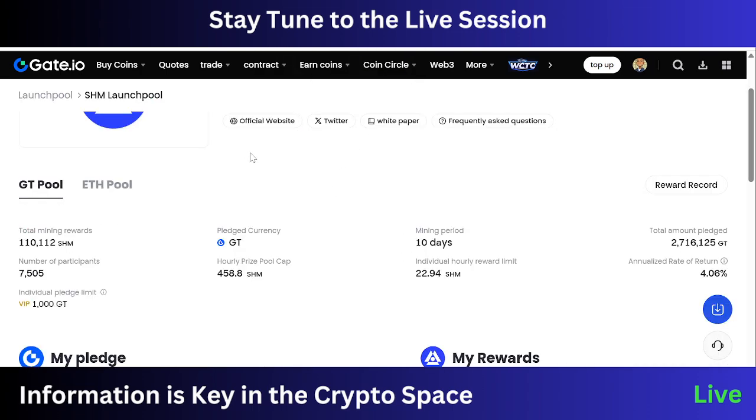Like I said, to get this SHM airdrop, you need to stake either Gate Token, GT, or you stake ETH, which is Ethereum.